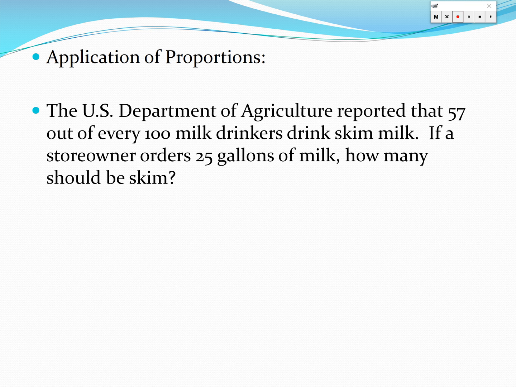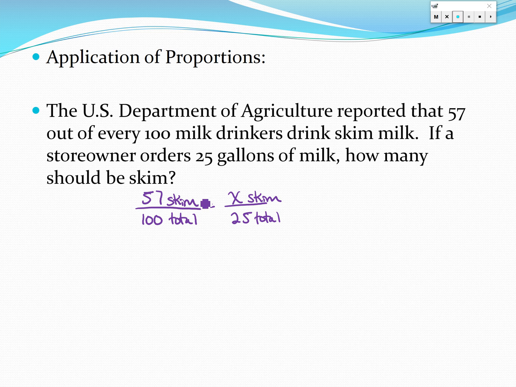I need to make sure the labels in my proportions match up. So in my first ratio, I have 57 skim milk drinkers out of 100 total milk drinkers, that could equal, we need to order 25 total gallons, and I want to know how many should be skim.